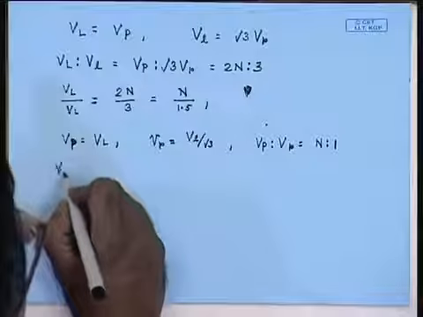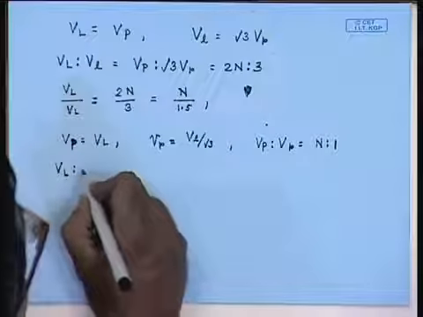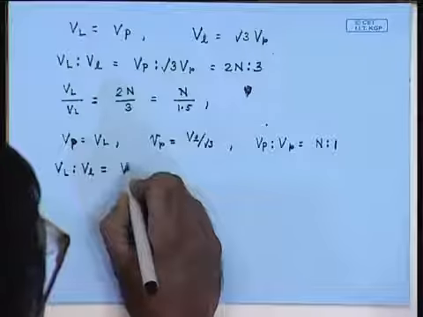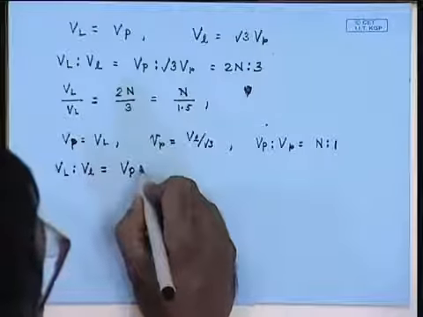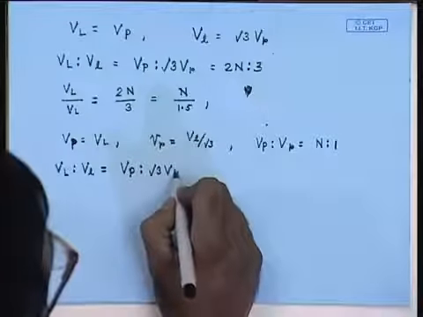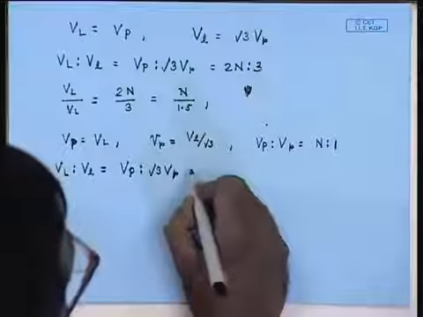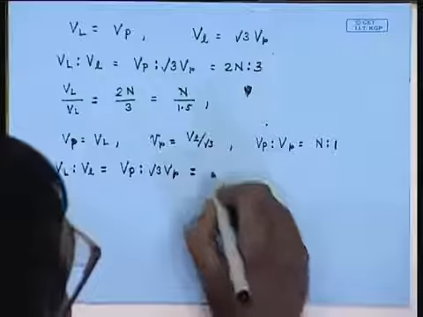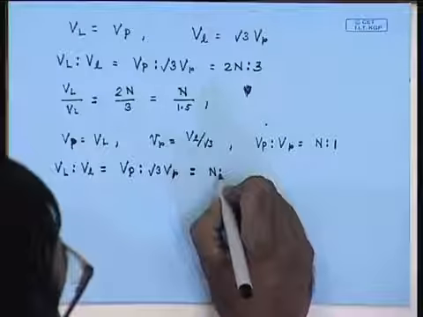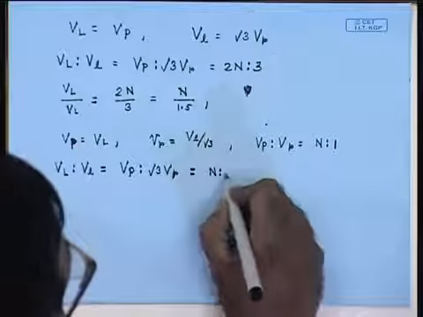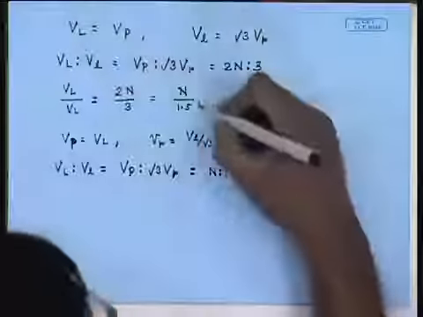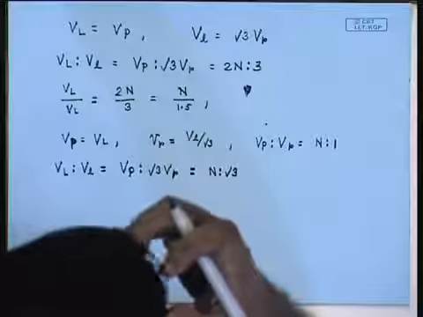Therefore, VL is to VL would have been Vp is to root 3 Vp, equal to n is to root 3. So, this is the difference.